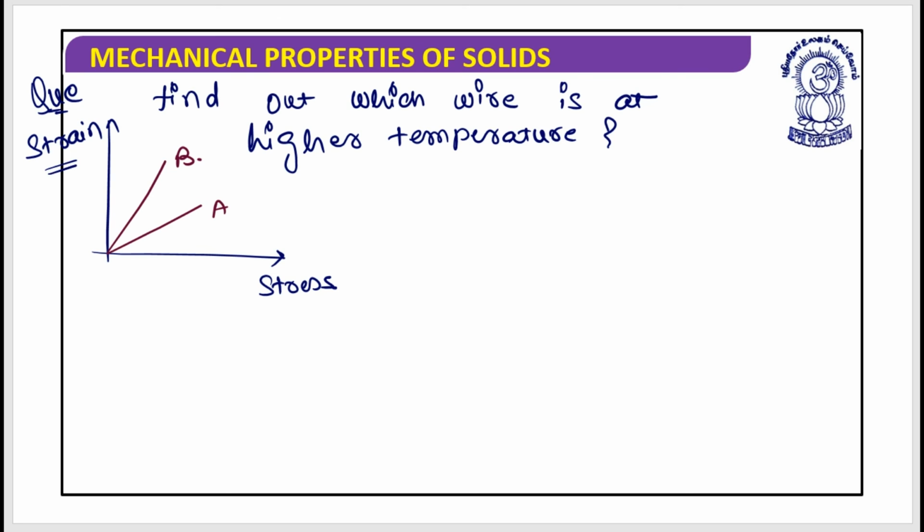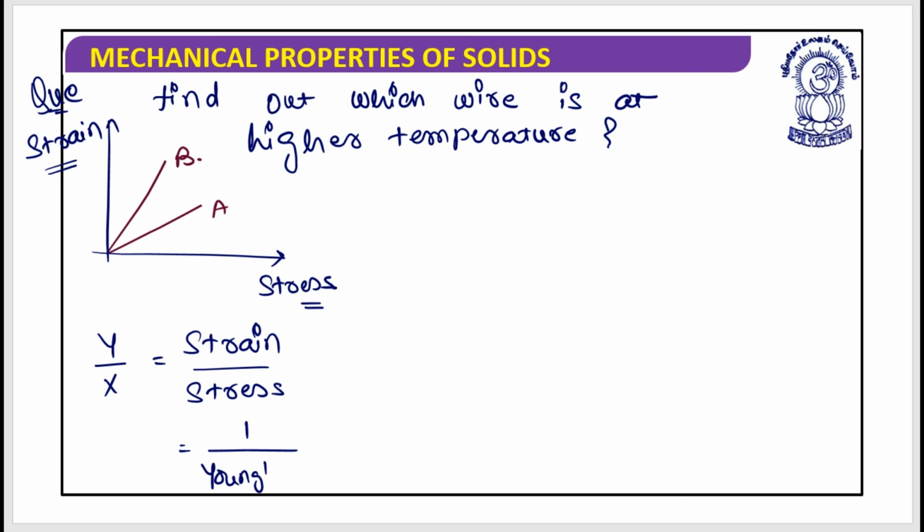Now on the y-axis it is strain, and on the x-axis it is stress. So it is y by x, that means if I take the ratio of the strain to the stress, it is 1 by Young's modulus.